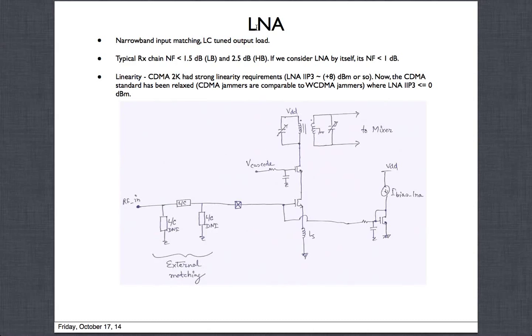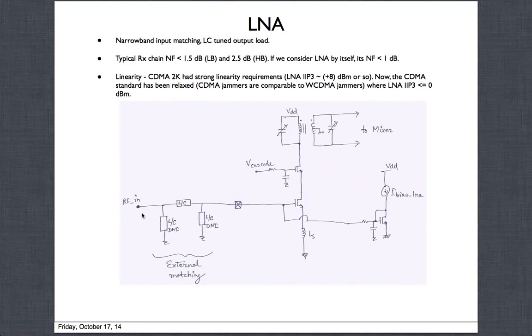So first of all, the LNAs that we are using here are narrowband. They use a narrowband input matching type topology. Why? Because as we have seen, the lowest frequency bands in some of them could be as low as 450 megahertz, which is the CDMA 2000 band, an old band, not so much used anymore, but still it needs to be supported in many of the low-end chips. And the highest ones, the China market has 2.7 gigahertz.